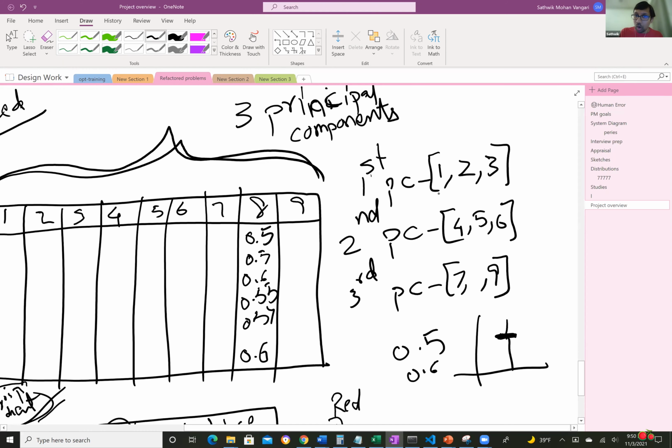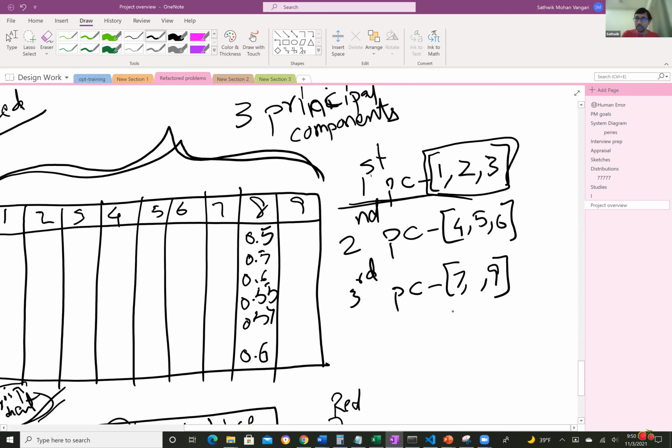So it might take a combination of your features, and then it's called a mixture of these features. It will take a mixture of these features and then create something called a principal component. Now, let's assume that it creates this particular set of principal components. It's eliminating one column.